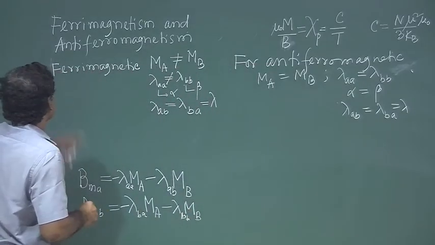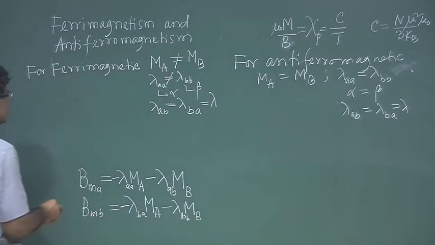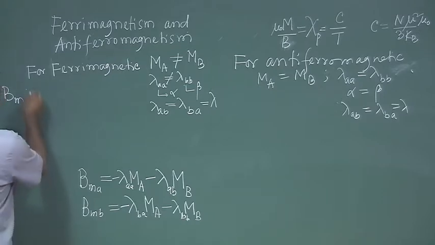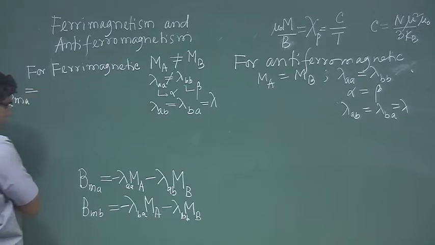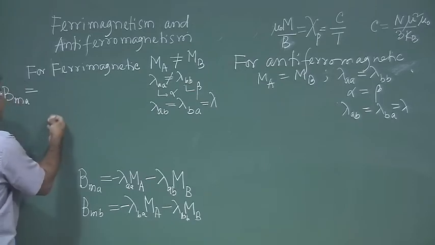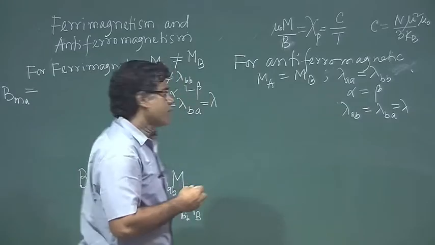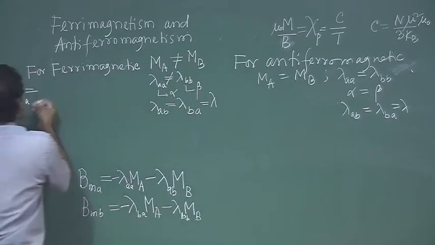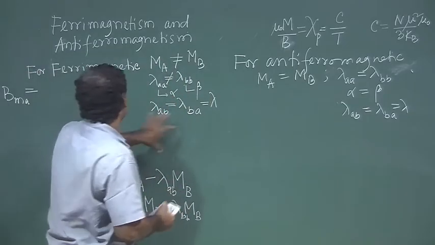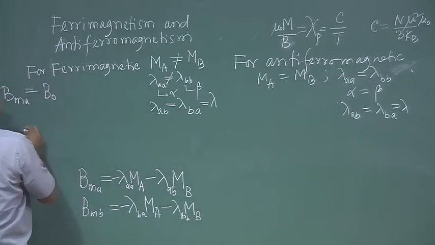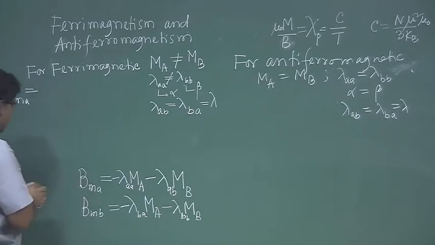okay. So, for ferrimagnetic case, so I can write B M on A equal to. So, now if we apply magnetic field, so then this total field on A side, so that will be B 0, applied field if it is B 0. Okay. So, I will put later on.